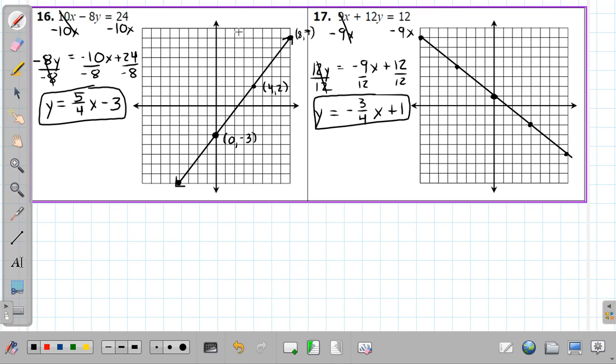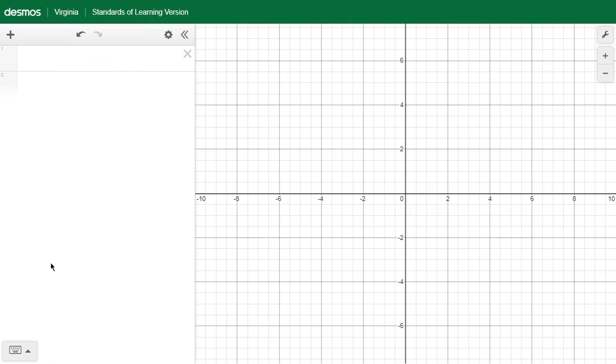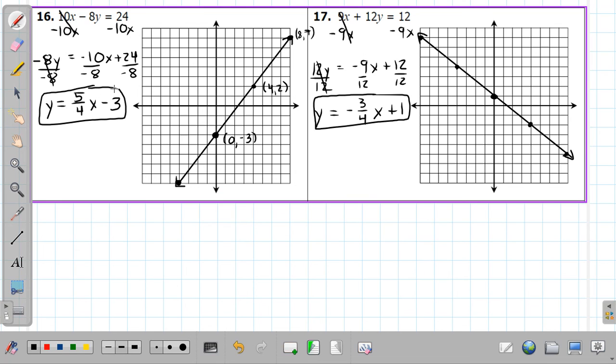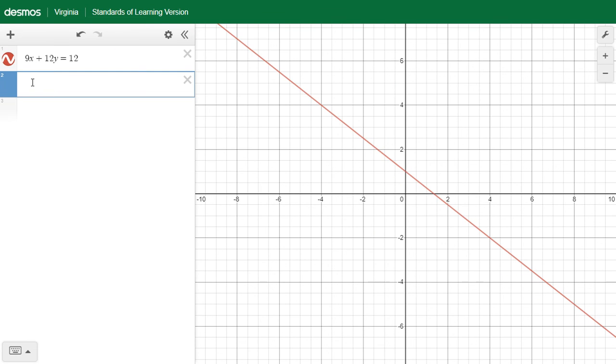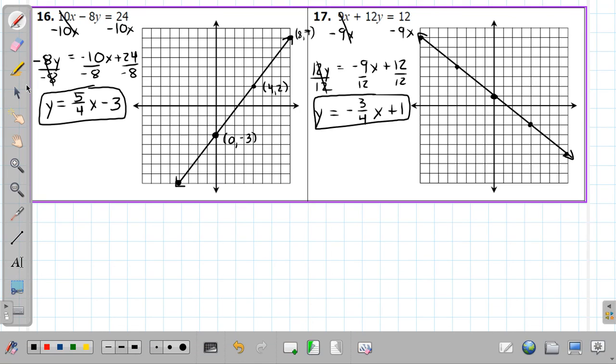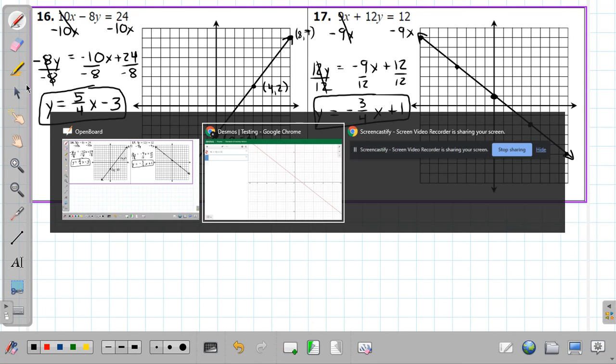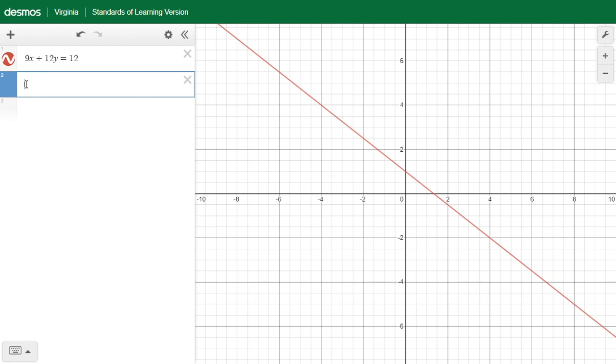That's what our line should look like, something like that, which you can verify by going over here. So we have 9x plus 12y equals 12. So there's that line. And then the other one we had was y equals negative 3/4 x plus 1, which looks completely different, but watch this.